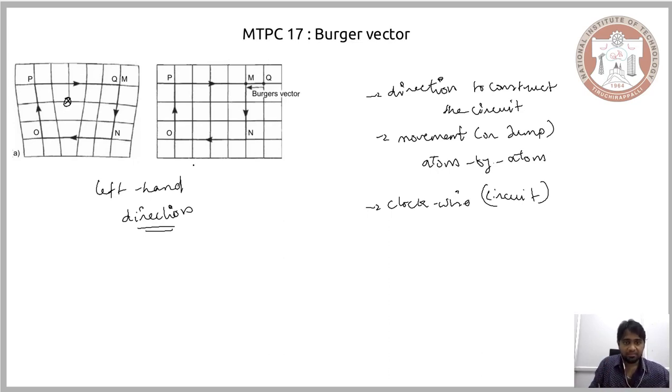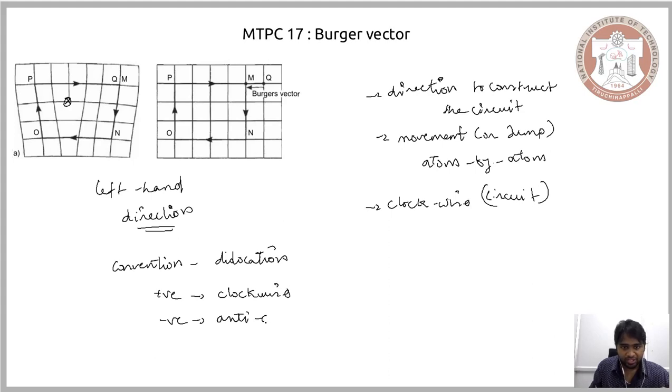So, we can build a convention based on the dislocation line, and we can say for a positive dislocation, we will be constructing a Burger circuit that is of a clockwise nature, and for a negative edge dislocation, an anti-clockwise nature.